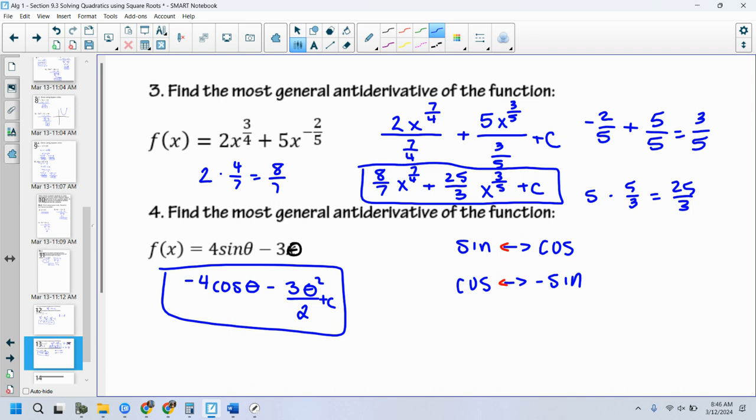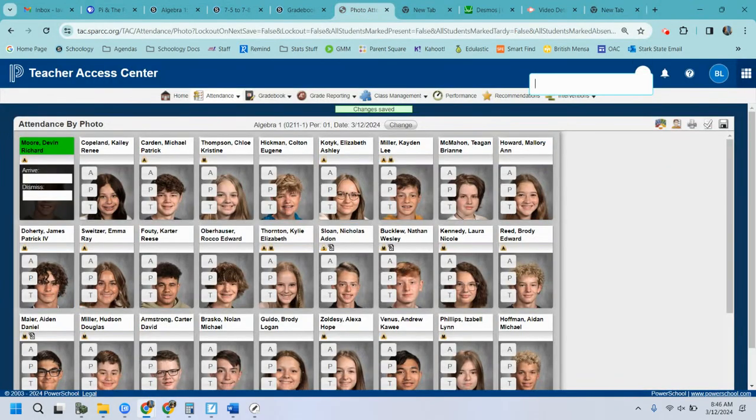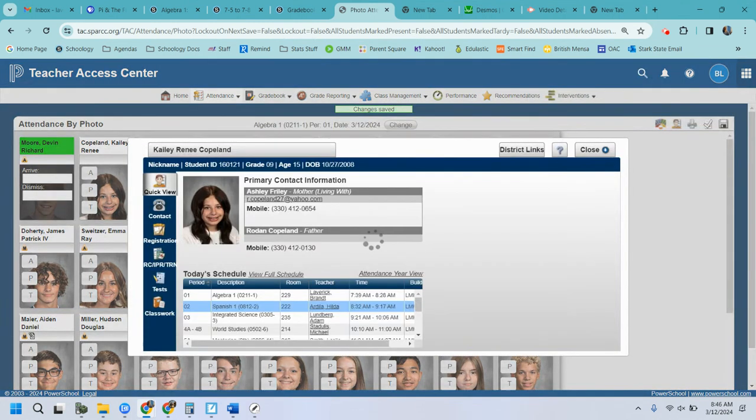Oh, shoot. Oh, would you do me a favor? I totally forgot to give this girl her pass. You bringing me that pass totally reminded me. And now you're going to do me a solid and find this girl for me. Kaylee. Where is Kaylee Copeland? Second period. She's in Spanish.